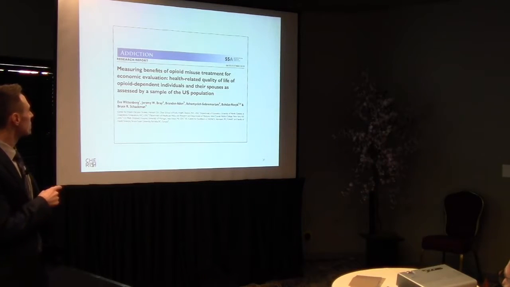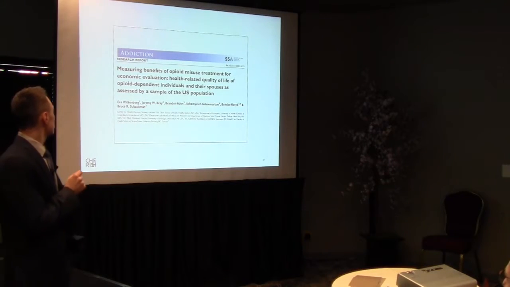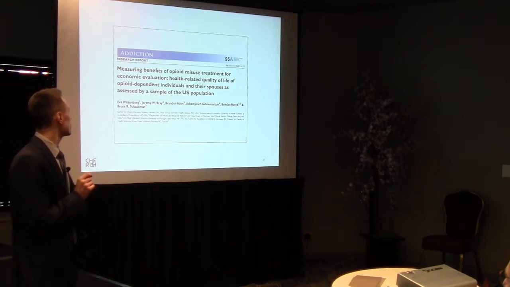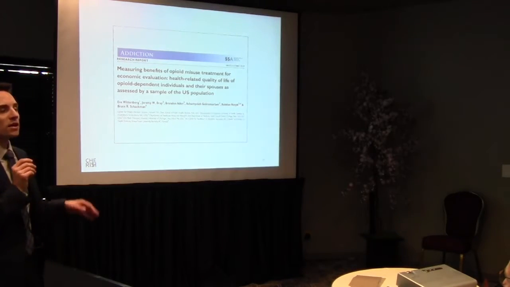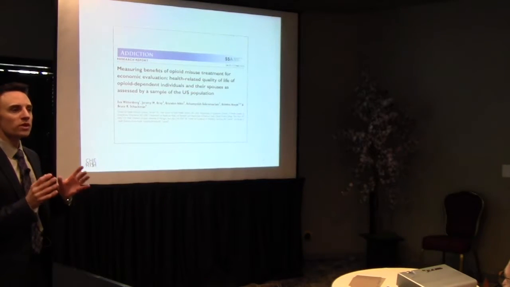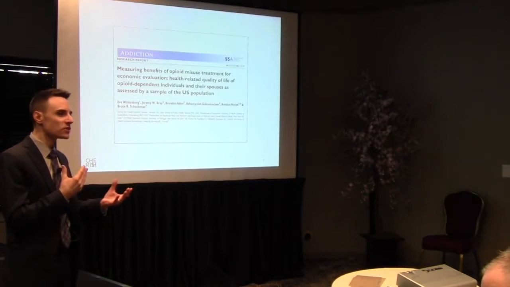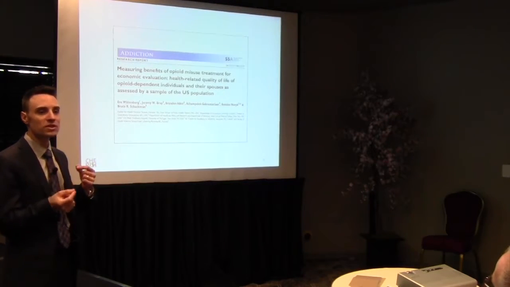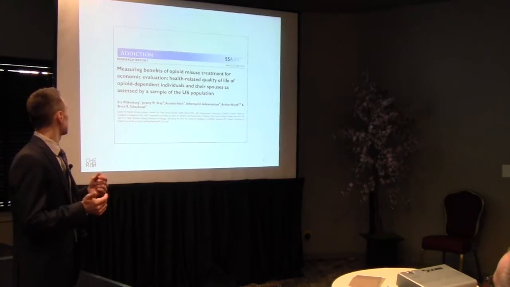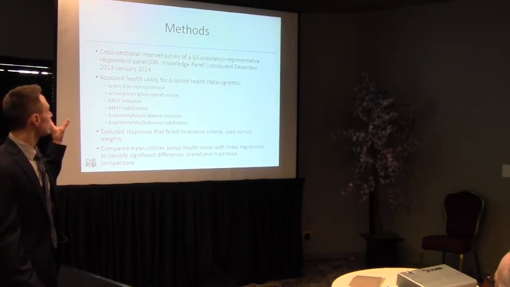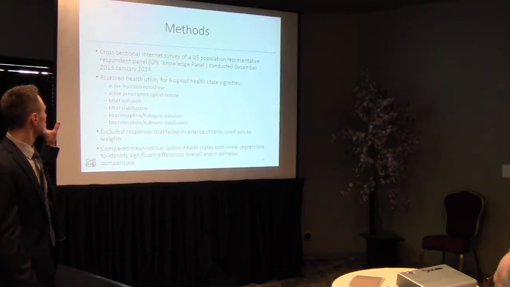This is another study, slightly more recent, that Dr. Schackman and some of our other colleagues worked on, where they looked at health-related quality of life for individuals with opioid use disorder in these different health states, as well as their significant others. They did a cross-sectional internet survey, I think about 2,000 people.